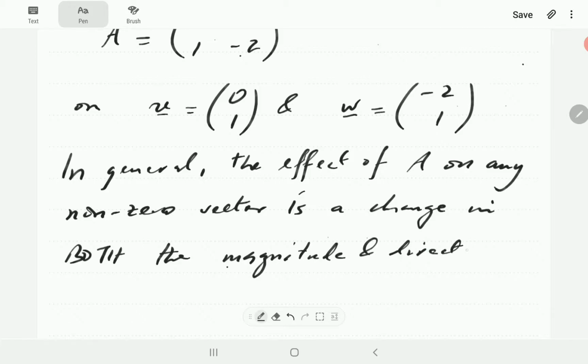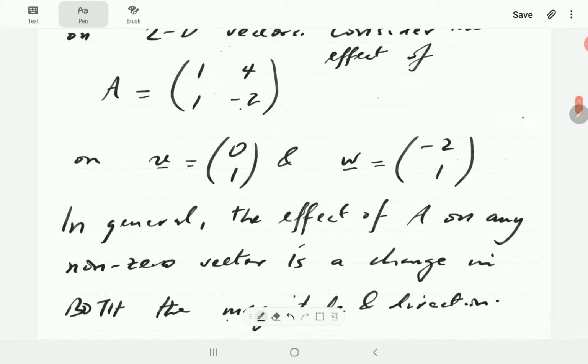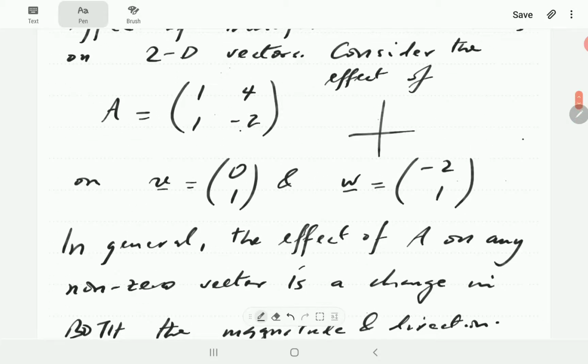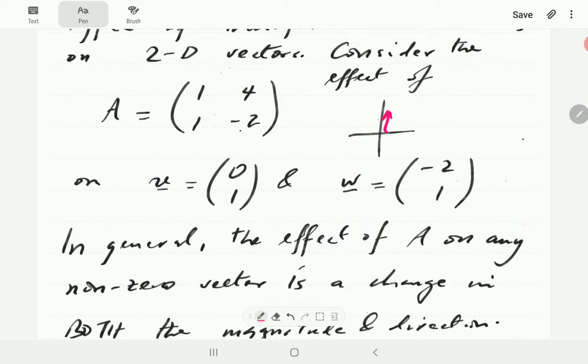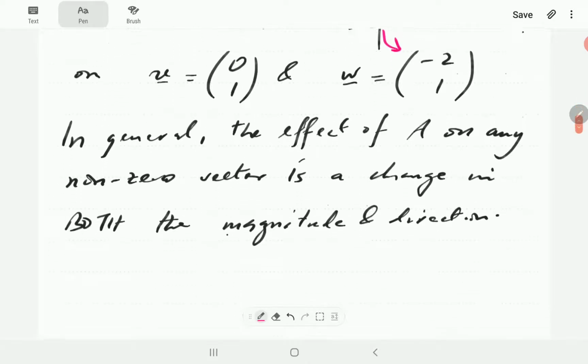For instance, u was along the vertical axis, and then its image was in that direction.